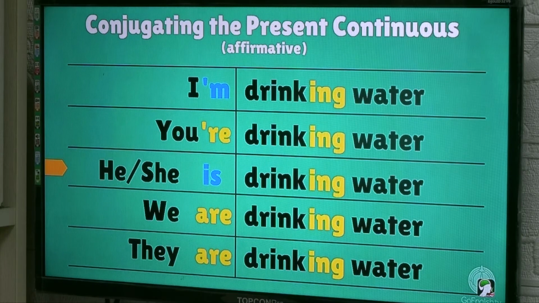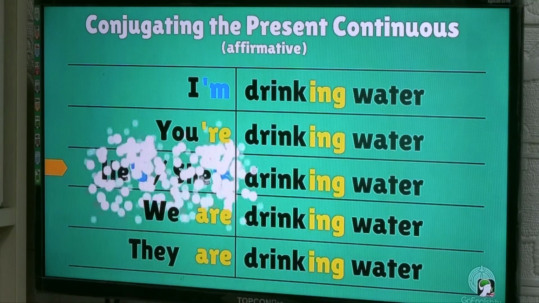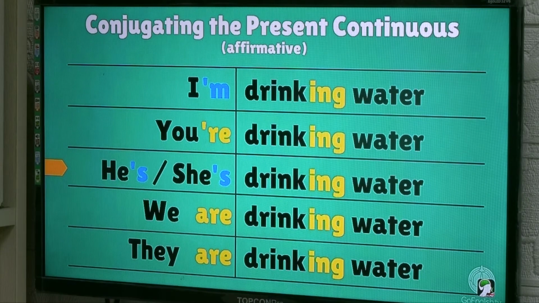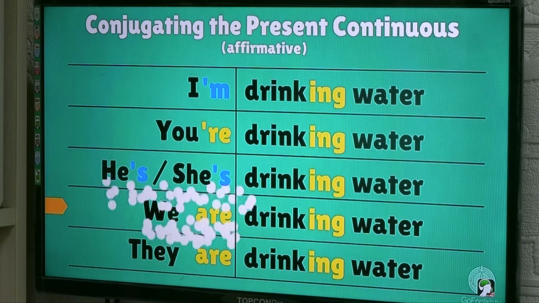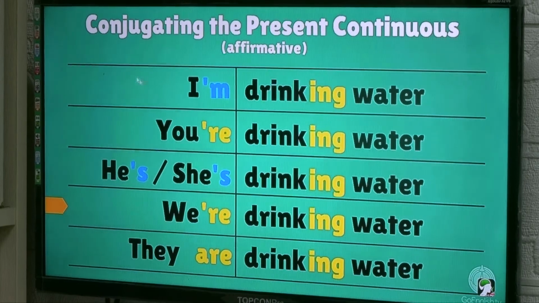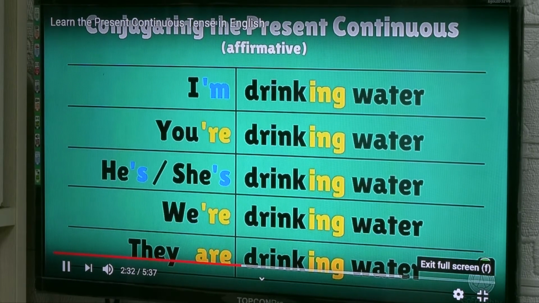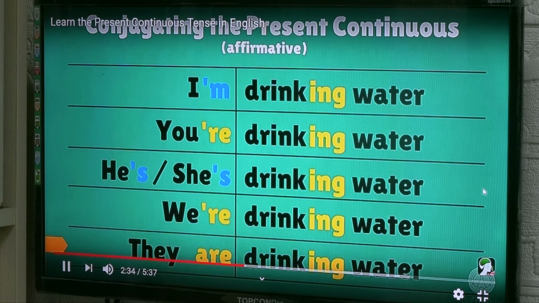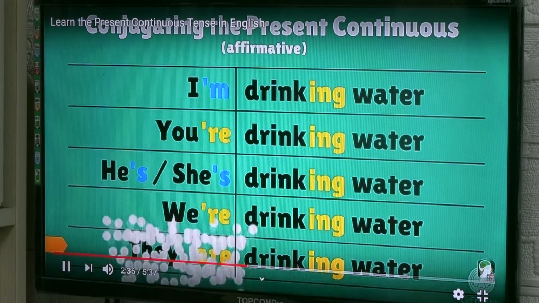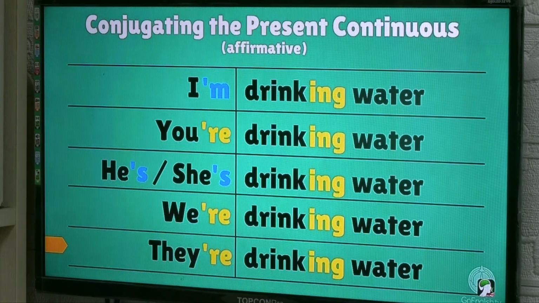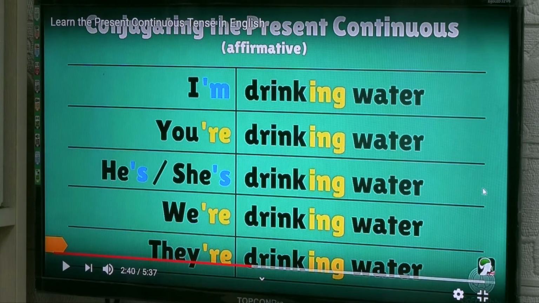He is, she is, he's, she's. We are, we're. They are. So basically, we have learned this contracted form, remember? When we were learning about the apostrophe in our last book, right?